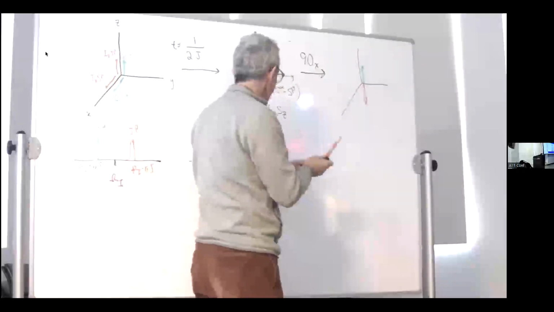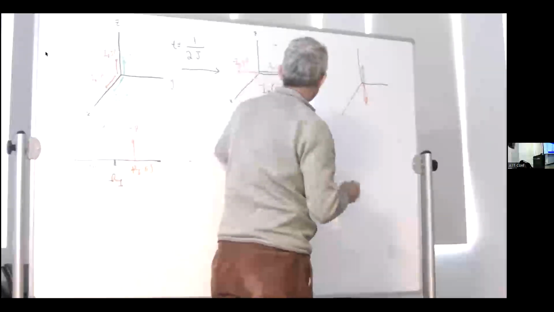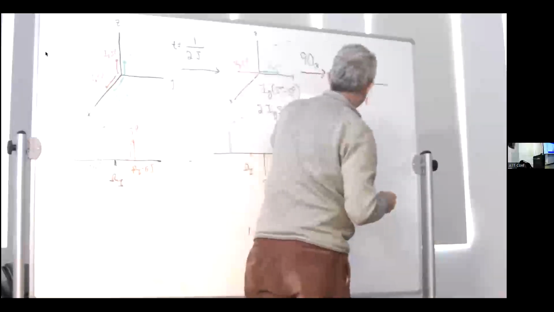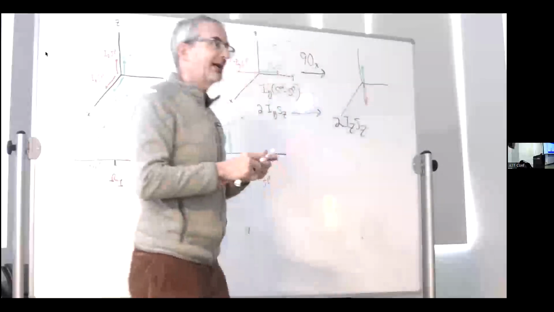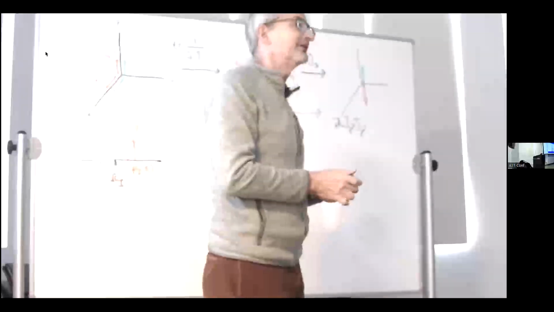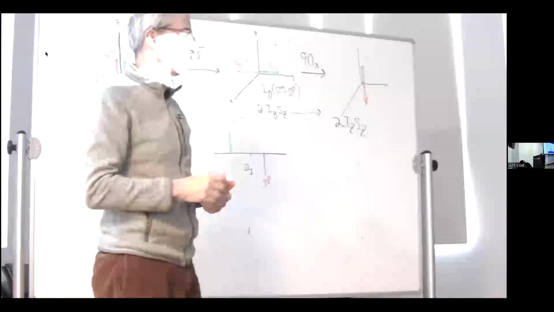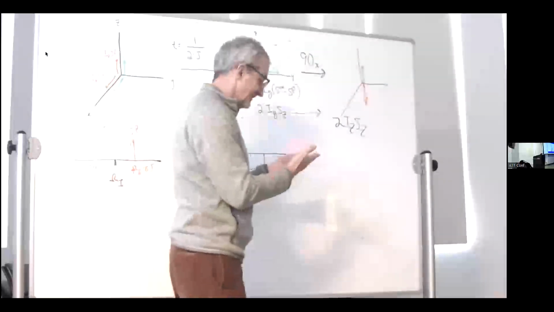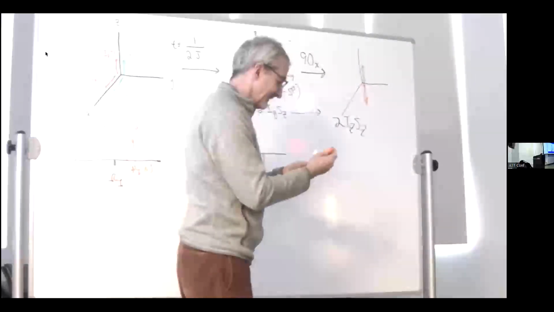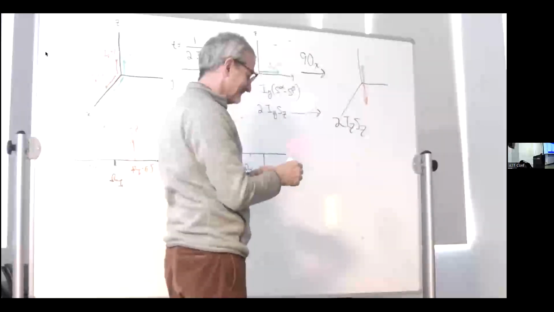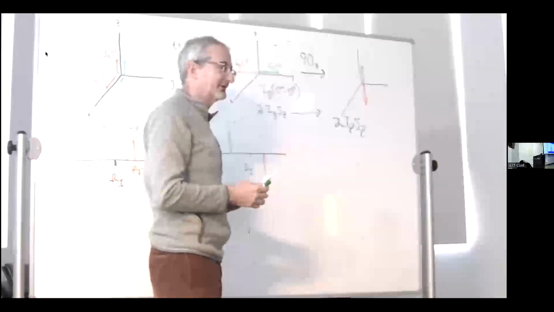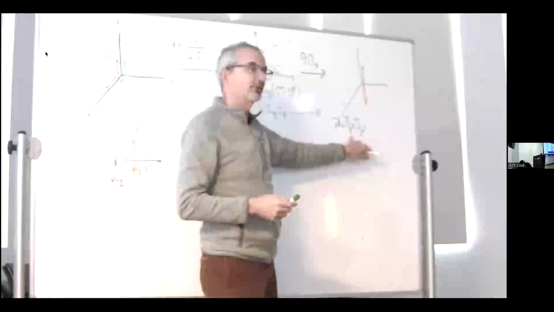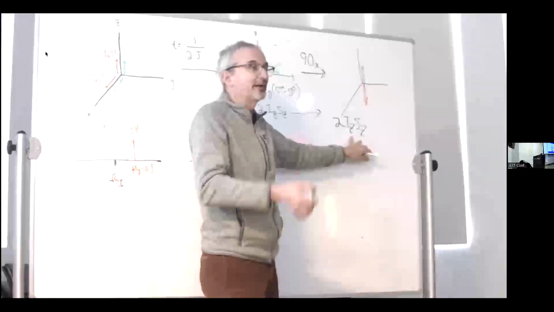And my operator then turns into 2 IZ SZ. I applied the 90 rotation only to the I spin, so the S spin just stayed where it was. And ew, this thing is leaking. We're done with the orange. This is called longitudinal two-spin order. Longitudinal meaning there's only Z operators, and two-spin being obvious.